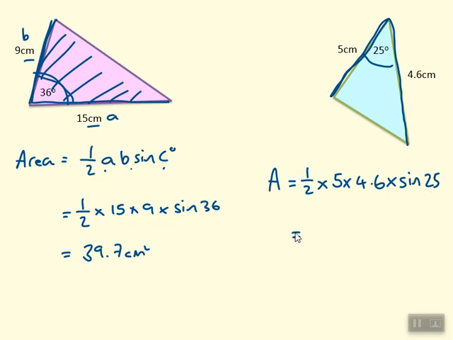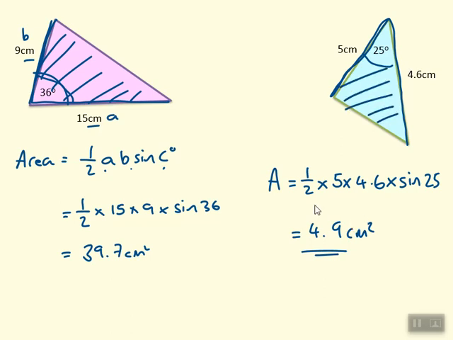So a half times 5 times 4.6 times sine 25. And the answer is 4.9 centimeters squared. That is the area of that triangle.